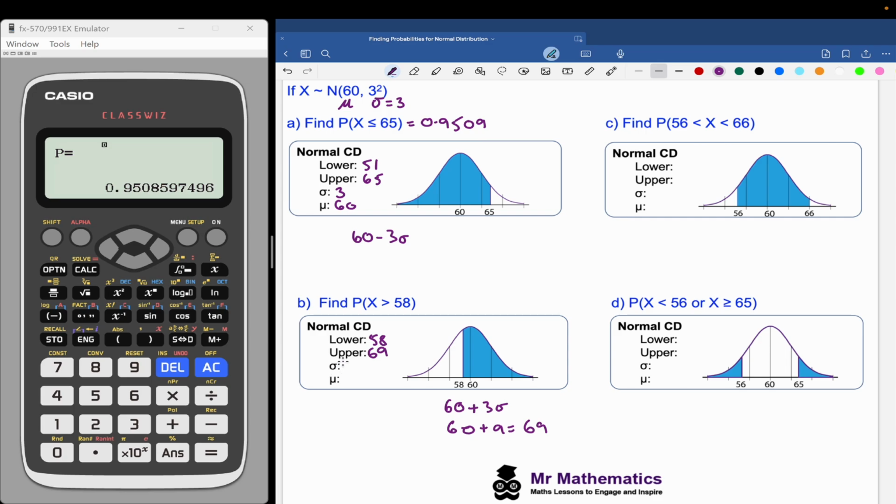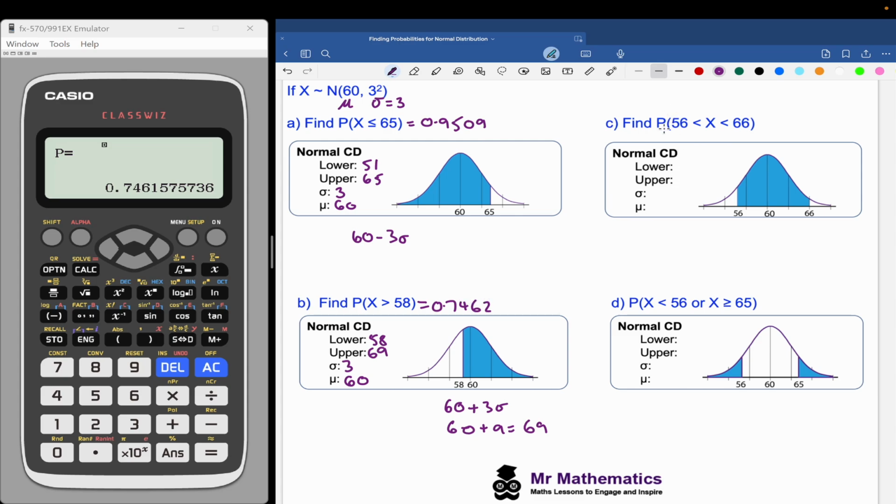Again, sigma we know is 3, and we know the average is 60. So if we go back to our calculators, we'll change the lower to 58, the upper to 69, and we'll keep sigma and mu the same. And this will give us 0.7462, again to 4 decimal places.